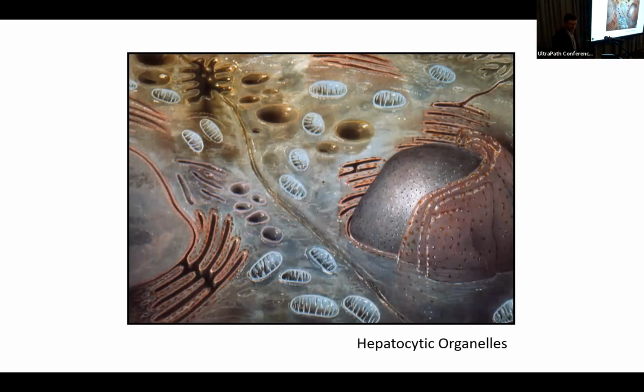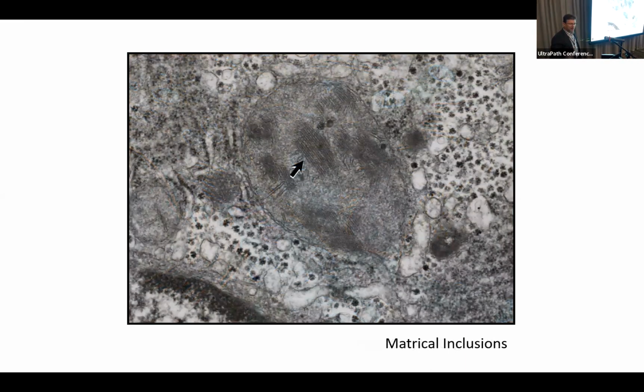All right, so moving on, we've seen this image before, focusing now on some of the organelles of the hepatocyte. We're going to expand a little bit more on some of those. Paracrystalline inclusions are a very common finding in hepatocyte mitochondria. I can't say they're normal, but they are not specific to any particular disease process.